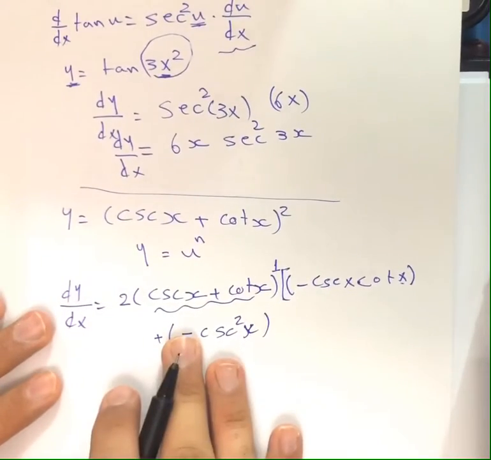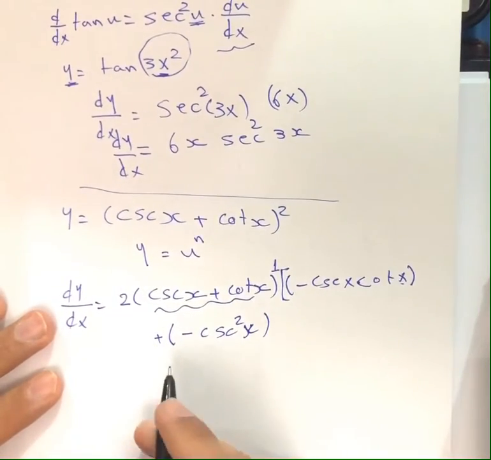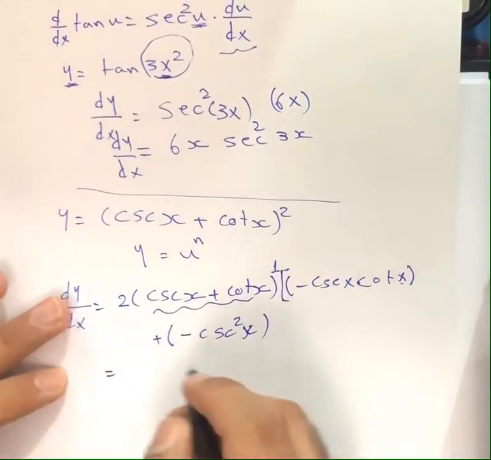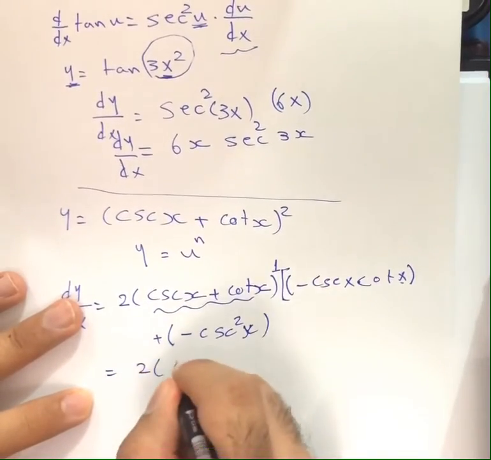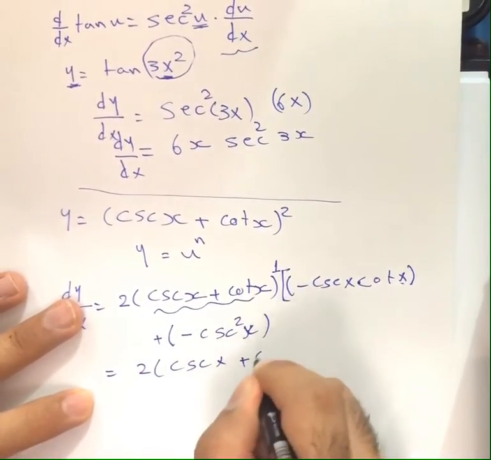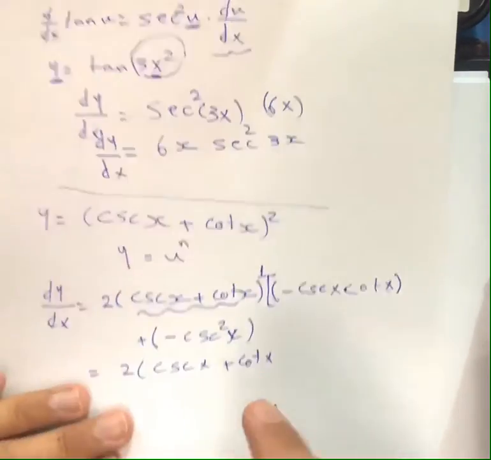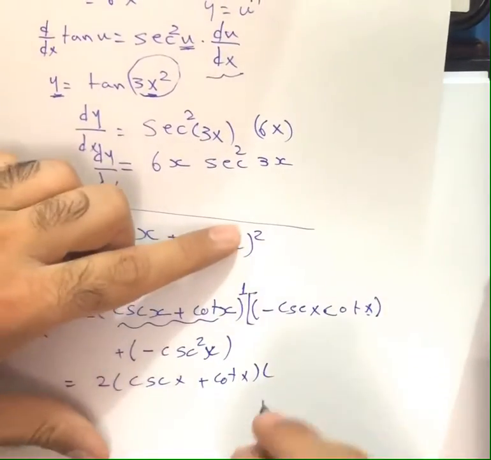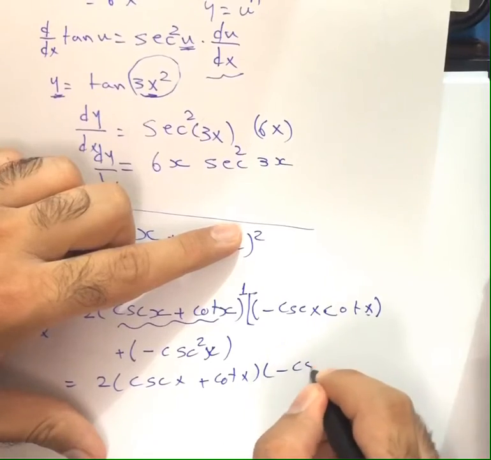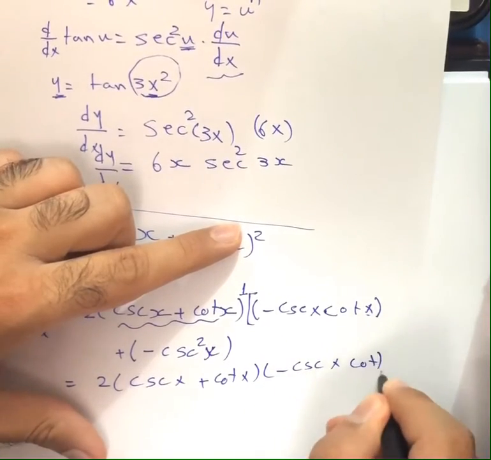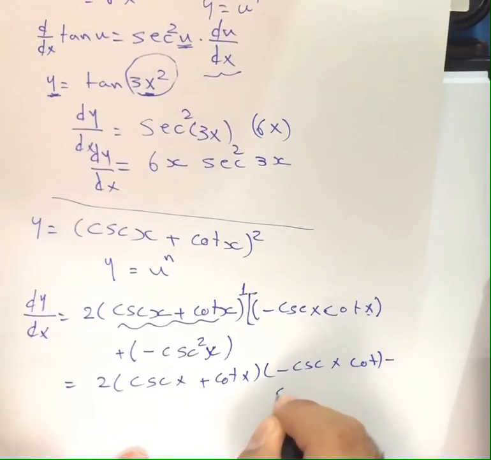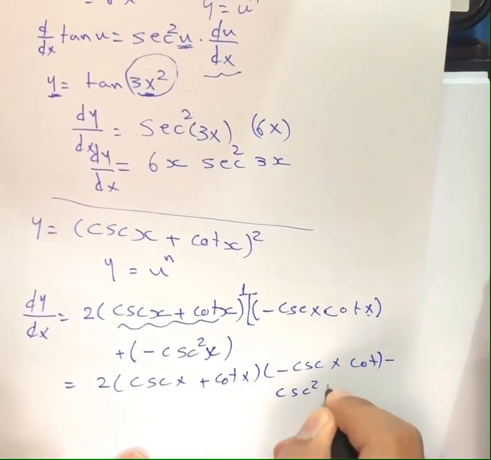So this can be prepared to be something like this: 2 cosec x plus cot x multiplied by minus cosec x cot x minus cosec square x.